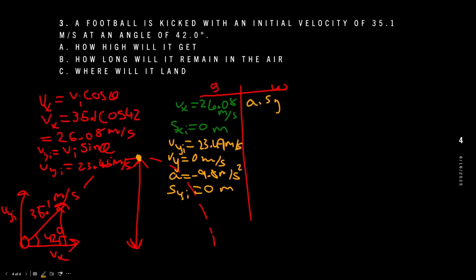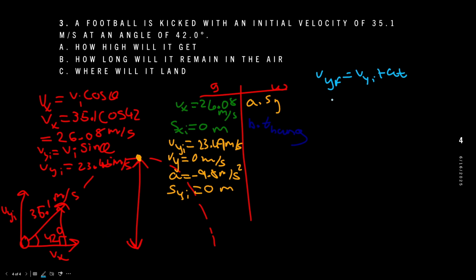So for our next part, we want to know how long it's in the air, and we wrote all our quantities that we know. So for our wanted spot, for part B, we could say time and write hang for the time. And then to solve for our hang time, we could use the formula VYF equals VYI plus AT, and I adjusted it for this problem already.